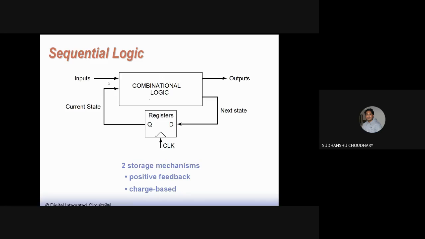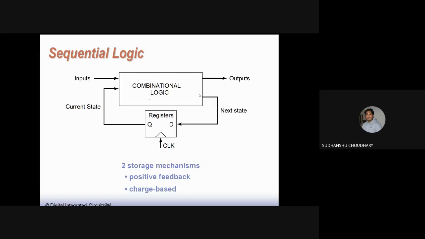A sequential logic is a circuit where the outputs depend upon the present inputs and also the previous inputs, or one can say the present inputs and the current state. The current state again depends upon the previous inputs.